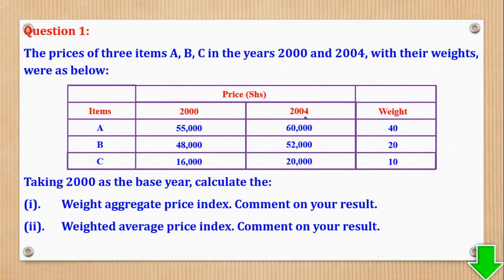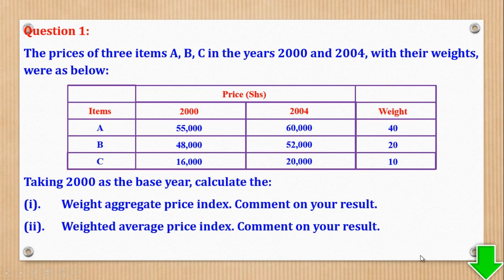If you look at this, 60,000 has a weight of 40, 52,000 has a weight of 20, 20,000 has a weight of 10. That is the numerator. For the denominator, we use the base year prices. So 55,000 has a weight of 40, 48,000 has a weight of 20, and 16,000 has a weight of 10.